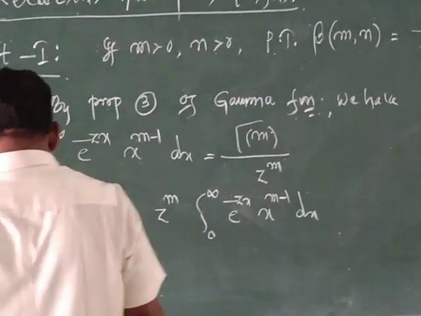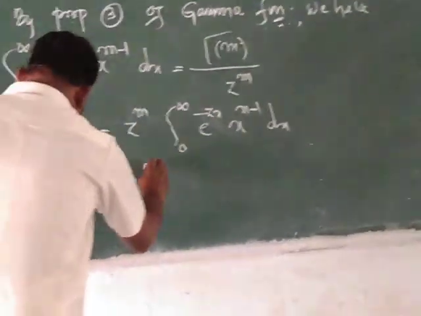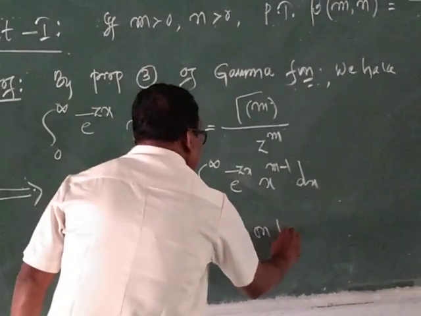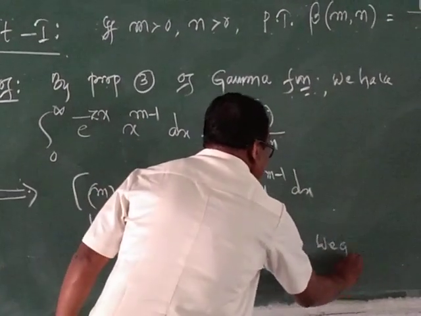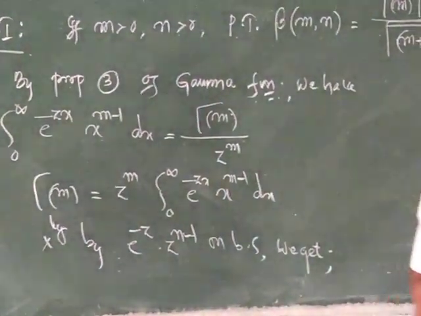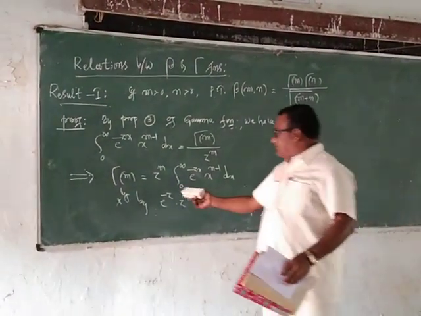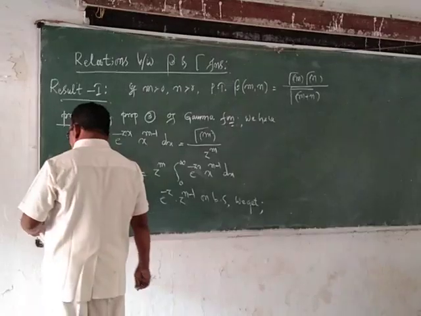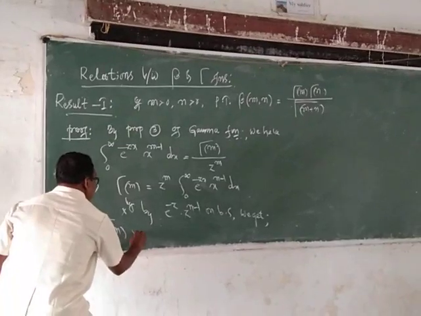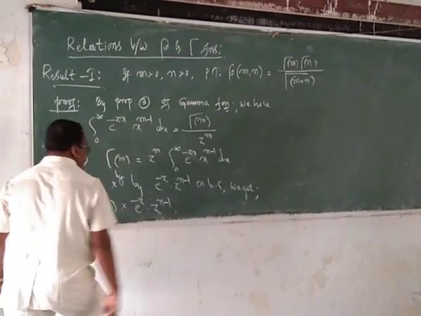Now let us multiply this result, on both the left hand side and the right hand side, by e to the power minus z into z to the power n minus 1. On the left hand side, we have gamma m into e to the power minus z into z to the power n minus 1.